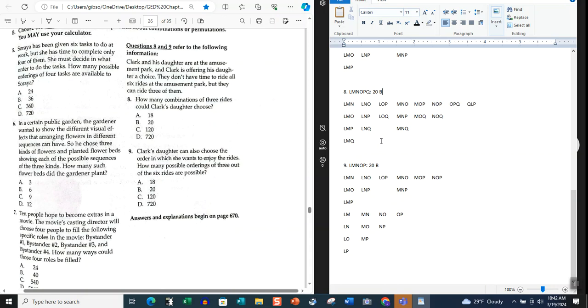Okay, now, number 9. It says here, Clark's daughter can also choose the order in which she wants to enjoy the rides. How many possible orderings of 3 out of the 6 rides are possible? Okay, so now, you can pause this if you haven't finished copying down the combinations for number 8.